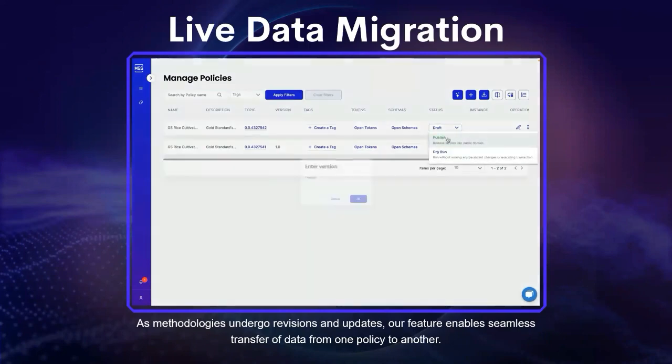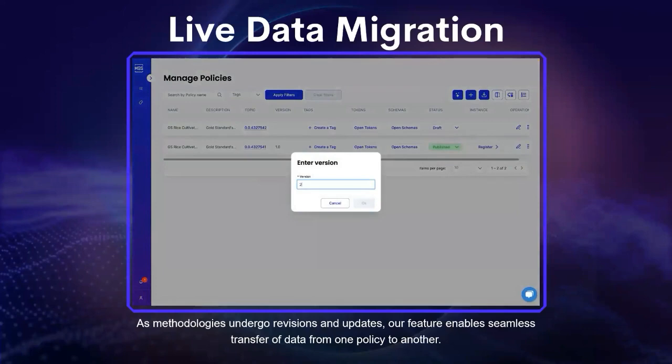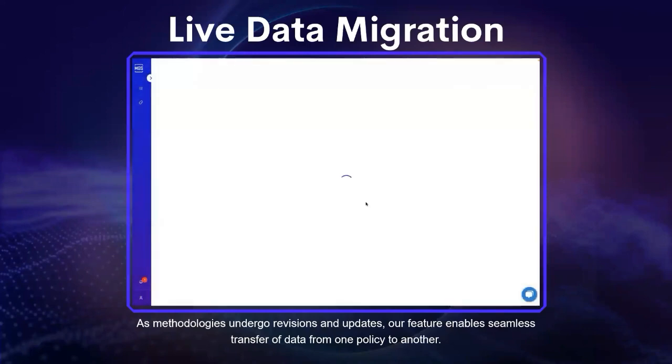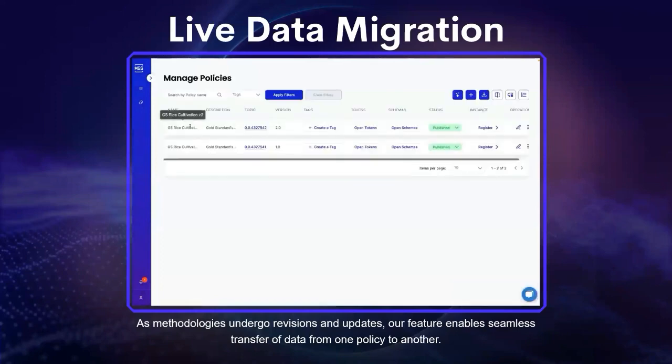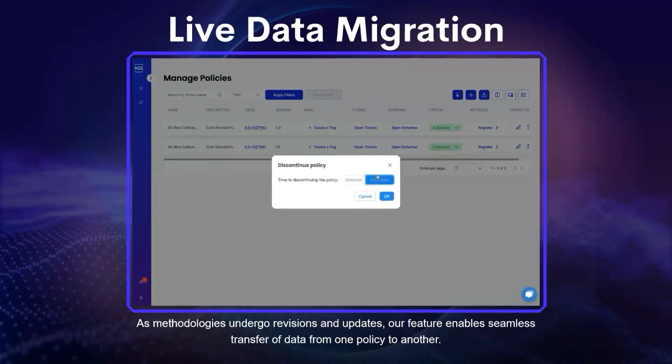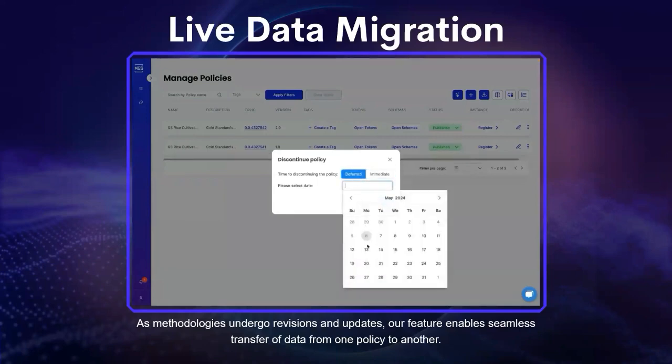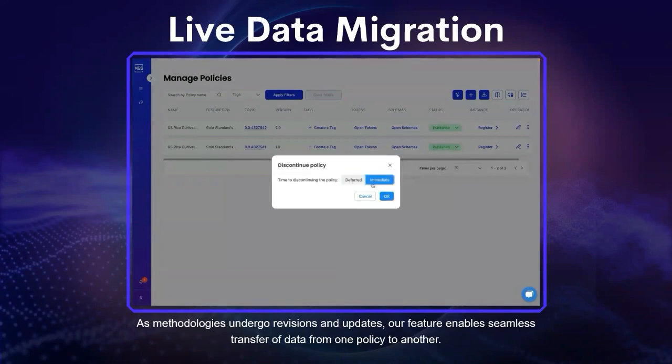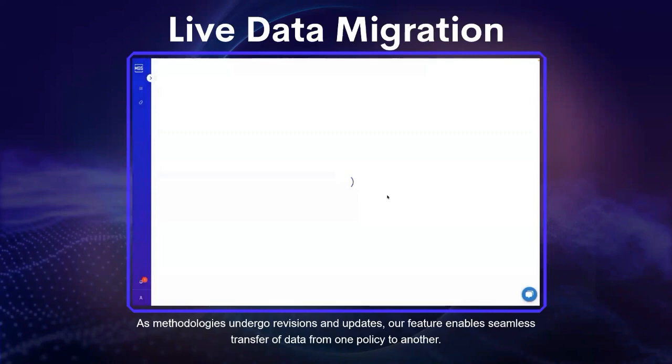We're going to publish that as well. And we're going to go ahead and discontinue that version of the policy. So this is version 1, it's being discontinued. You could choose if you want to have that discontinuation deferred to a certain date, or if you want to do it immediately. So we're going to go ahead and select immediate.